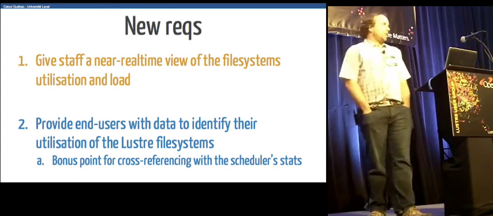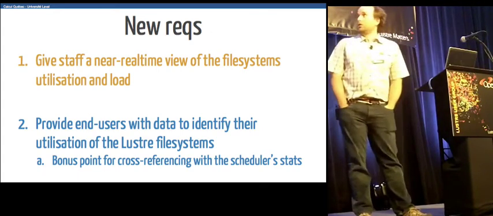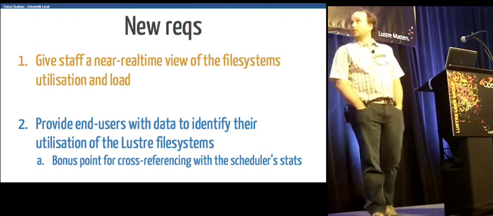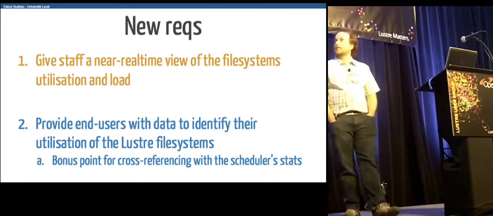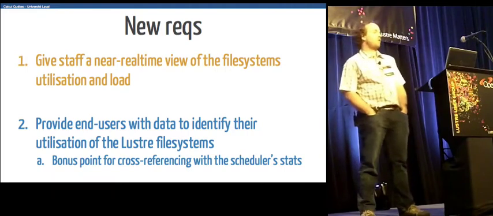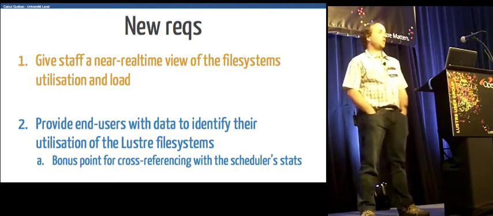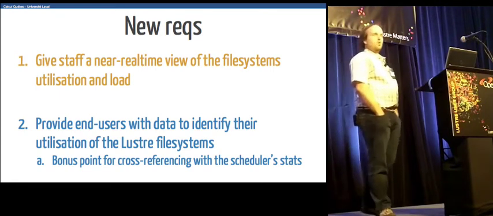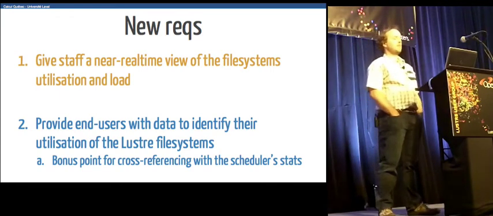So we set a couple of requirements for the new monitoring system that we wanted to deploy. Basically, our first priority was to give staff as close to near real-time a view as possible of the file system utilization and load, and basically the status of all the OSTs and the general file systems.